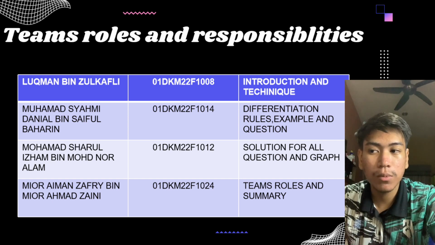Third is Muhammad Syahrul Izham bin Muhammad Nur Alam, matric number 01DKM22F1012. He did the solutions for all questions and the graph. And the last one is Ahmad Zafri bin Muhammad Zaini, matric number 01DKM22F1024. I did the terms, roles and summary.